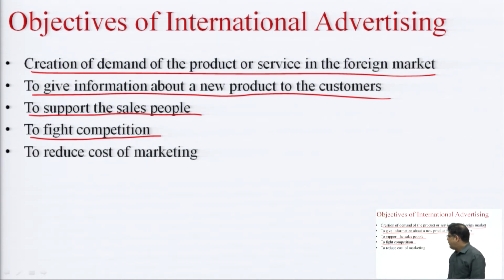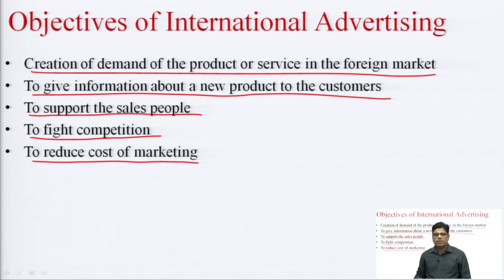And then to reduce the cost of marketing. Advertising in a way reduces the cost of marketing in the longer run. Why? Because through proper and sensible advertising that reaches the audience properly, an organization is able to generate an army of loyal consumers.